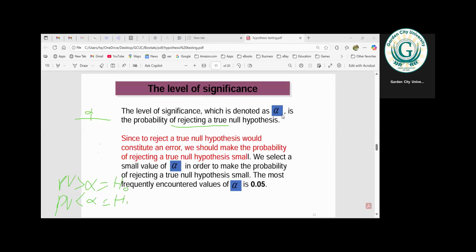Now this is how you accept or reject the null hypothesis. You always have to compare your probability value with the significance level, then you can accept or reject it. So that is different from whatever you are reading here.